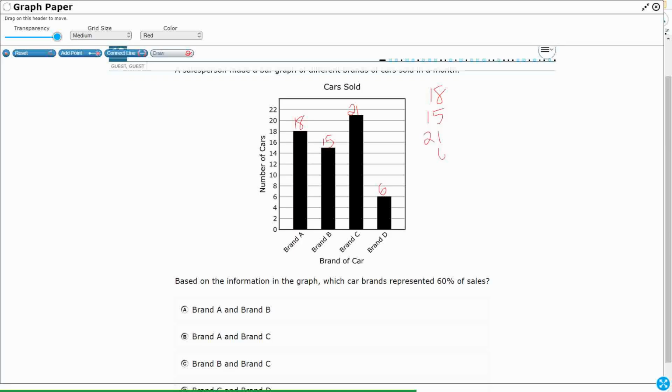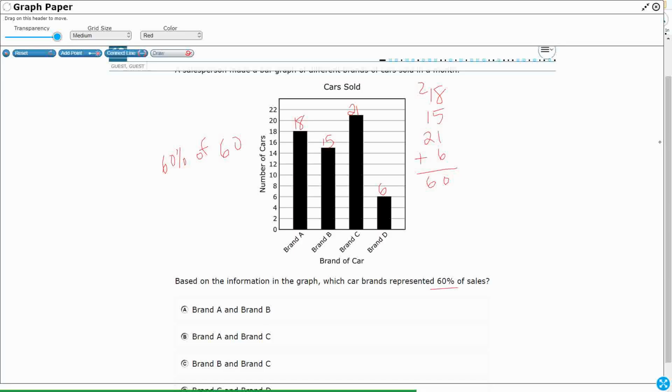21 and 6. Right, so that's 13. 14, that's 20. 2, 4, 5, 6. All right, so 60 total sales. And we need to find 60% of that. So how do you find 60% of 60? Well, let's know that we're going to be multiplying. And we don't really multiply percents.